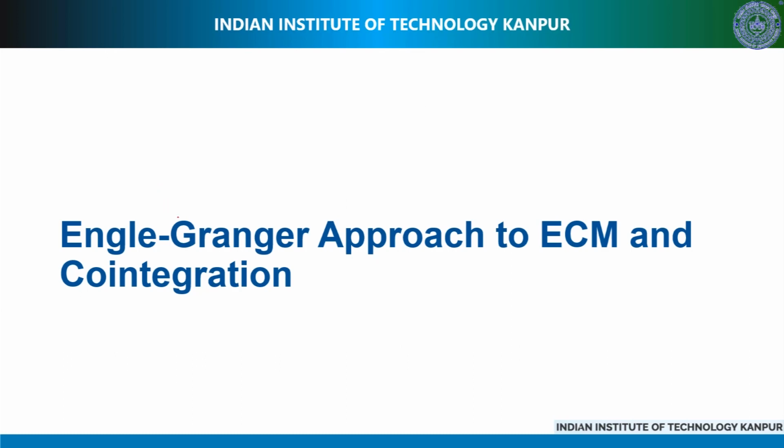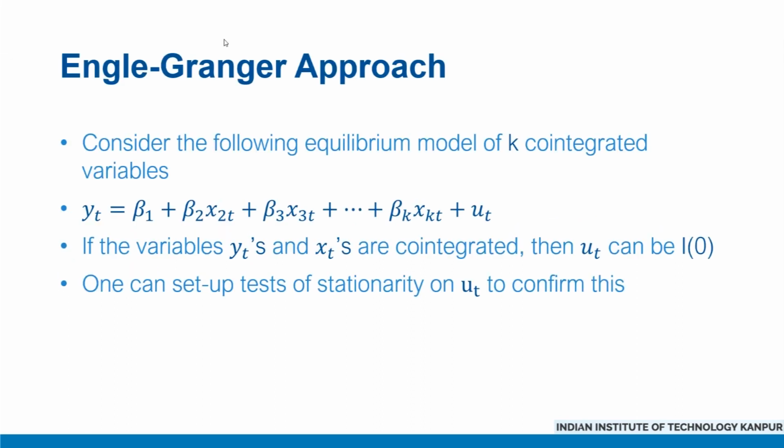In this video, we'll discuss the Engle-Granger approach to co-integration and error correction models. So what is the intuition behind the Engle-Granger approach? Recall, if a set of variables such as y_t, x_2t, x_3t and so on up till x_kt are co-integrated, so you have k variables that are co-integrated, this model represents a sort of equilibrium where mu_t can be I(0).